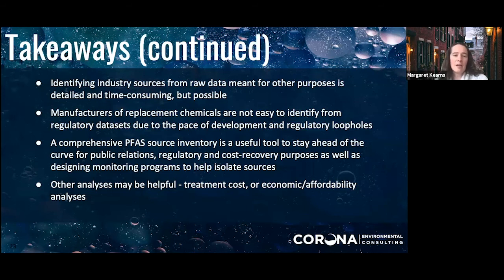So that is also an area to keep an eye out for. It doesn't currently have regulatory hooks, but those are probably the things that are going to be regulated in the next generation for us. Finding a comprehensive PFAS source inventory is a useful tool to help you stay ahead of the curve for a number of things.